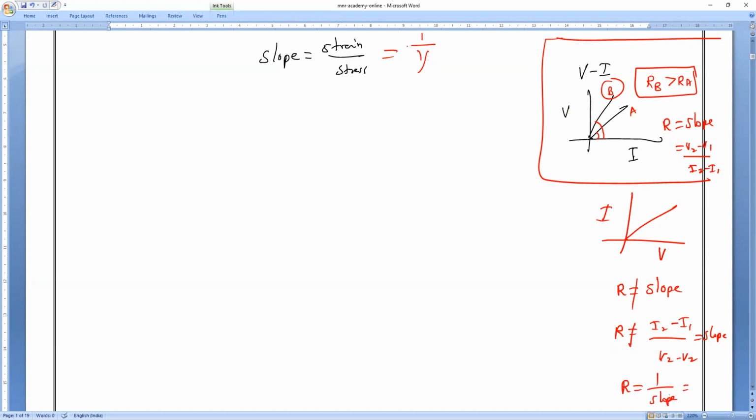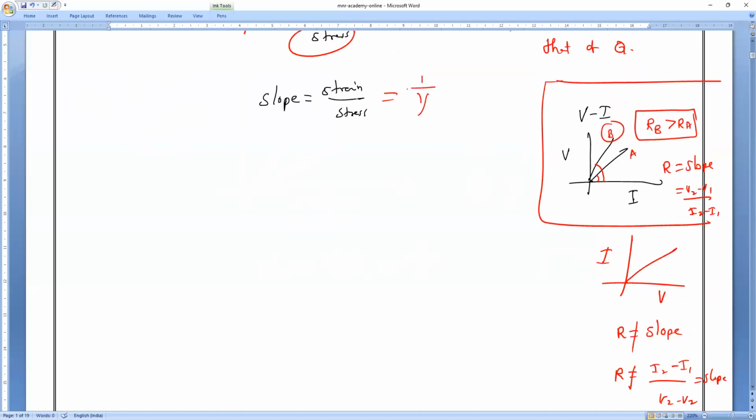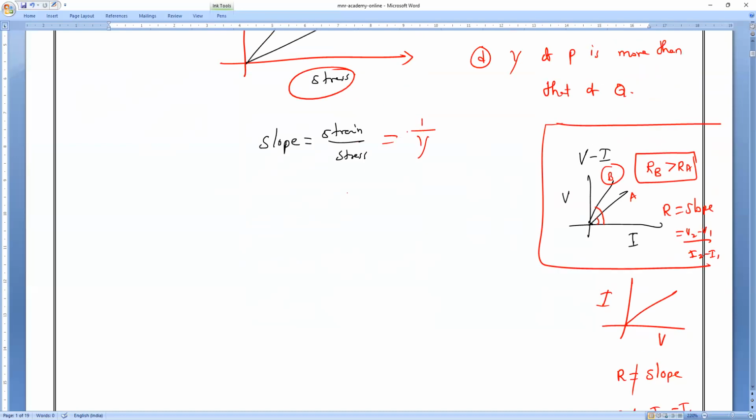So 1 by slope is equal to the resistance. Basically, we know slope is equal to stress by strain, but now they have given strain by stress, meaning the reverse. So I am taking 1 by Young's modulus. Any doubt you have, you can ask me. Understand, Pradosh? Clear? Yes, sir.